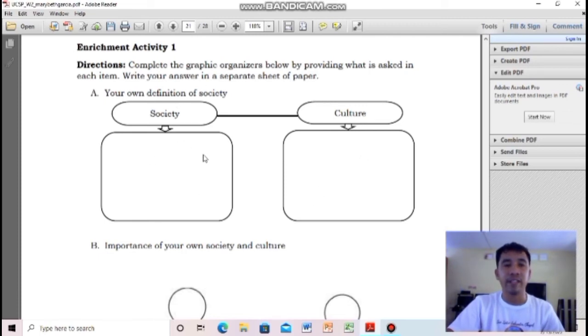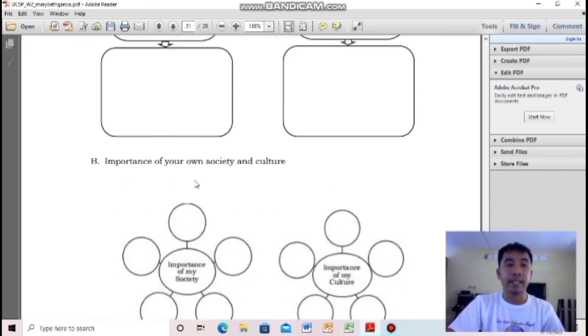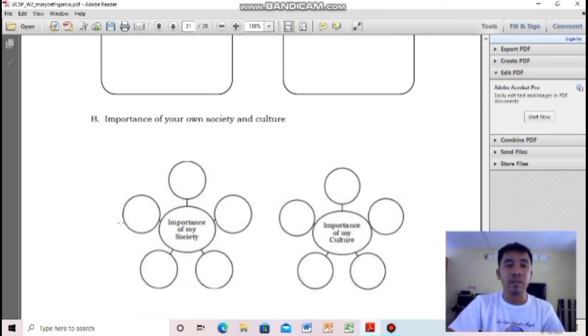Here, you write your definition here and in this part also. That is for letter A. The importance of your own society and culture. You use this diagram to write your answer. You write your answer in a sheet of paper. Importance of my society, importance of my culture.